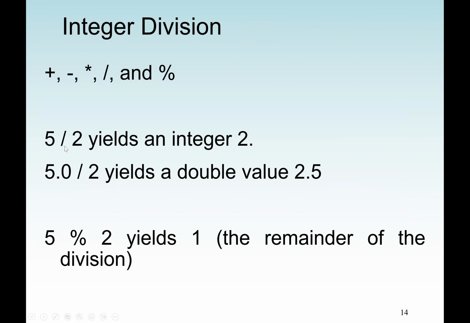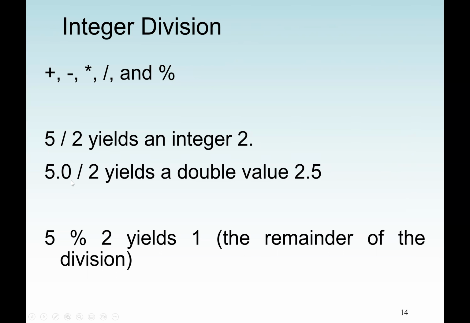Now, for example, we have 5 divided by 2. In Java, if we divide two integer values, and the answer is a decimal value, the decimal section will be removed. So 5 divided by 2, the answer will be 2. But 5.0 divided by 2, the answer will be 2.5.